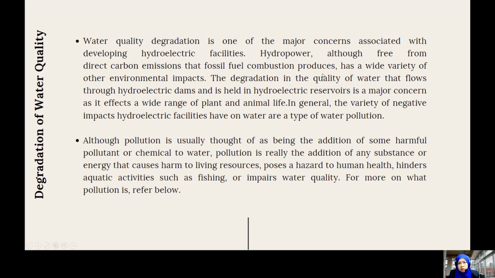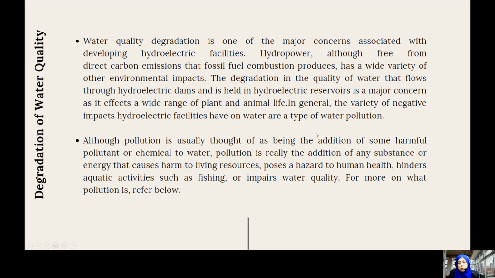The degradation in the quality of water that flows through the hydroelectric dam and is held in the hydroelectric reservoir is a major concern, and it affects a wide range of plant and animal life.